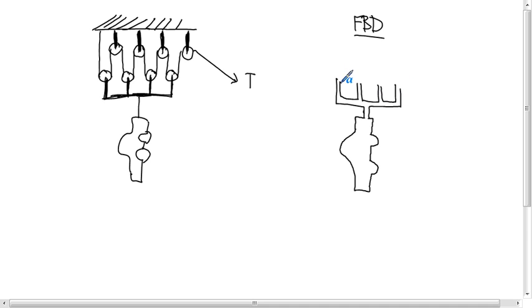Okay, so we're isolating this much. There's a weight acting down of 10,000 newtons. And now contact occurs at 2 spots for each of these hanging pulleys.